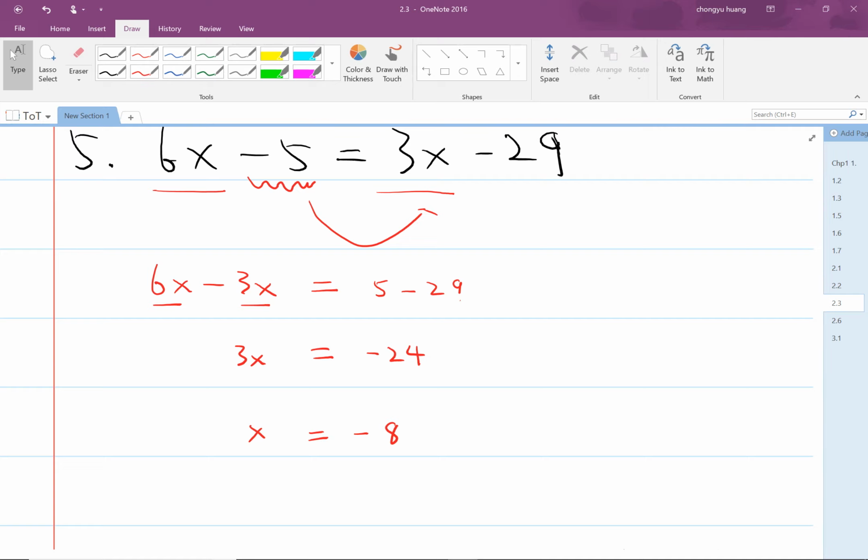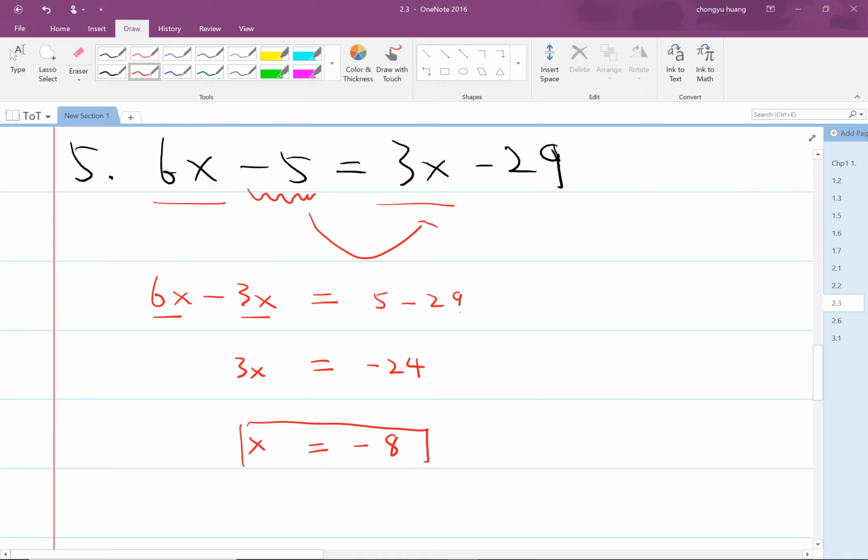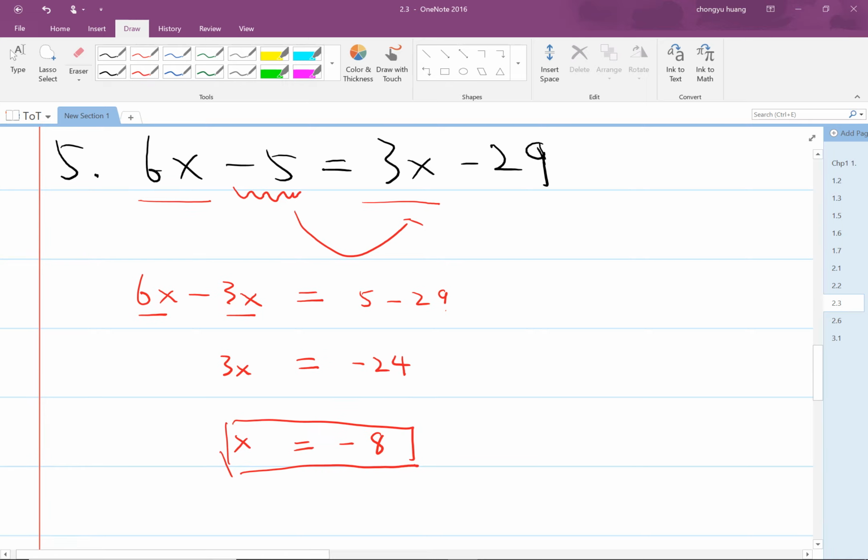So now you solve the problem. You can see over here that most of the time those questions can be done in 2 or 3 steps. Okay, so let's move to question 6.